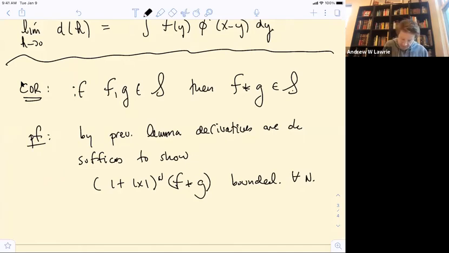And I'll leave this as an exercise. You take two Schwartz functions, you convolve them, you get back a Schwartz function.